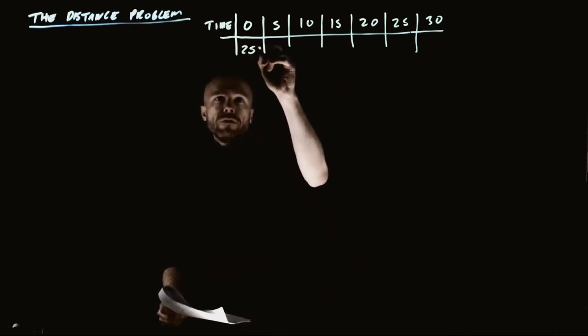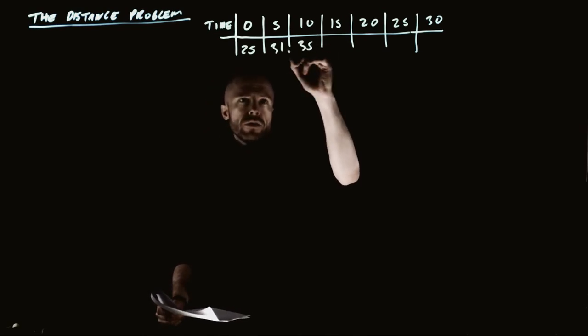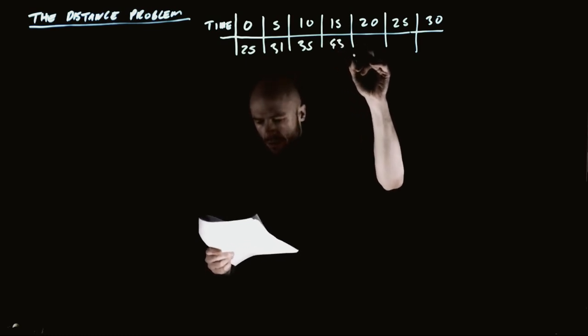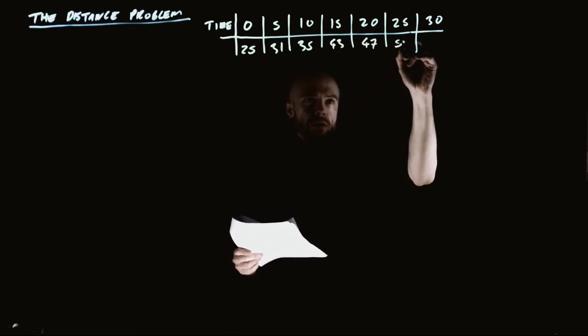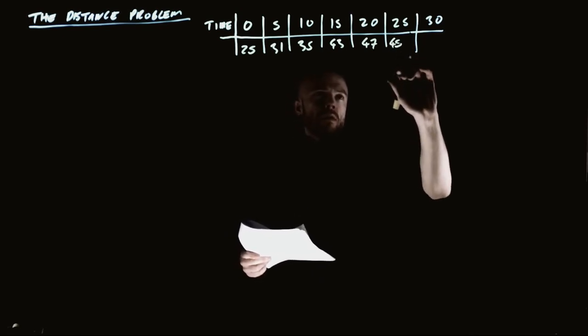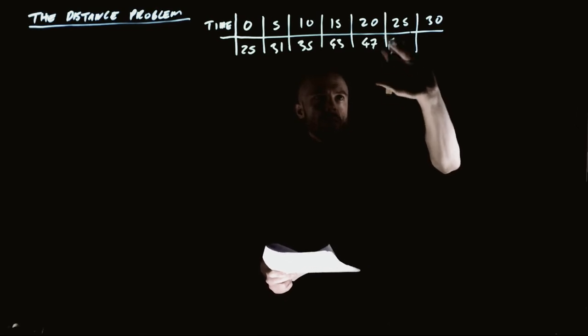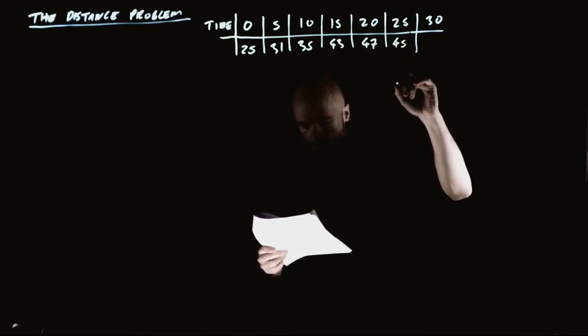So you're going 25 feet per second, then 31, then 35, then 43, then 47, then 45. And then 41.